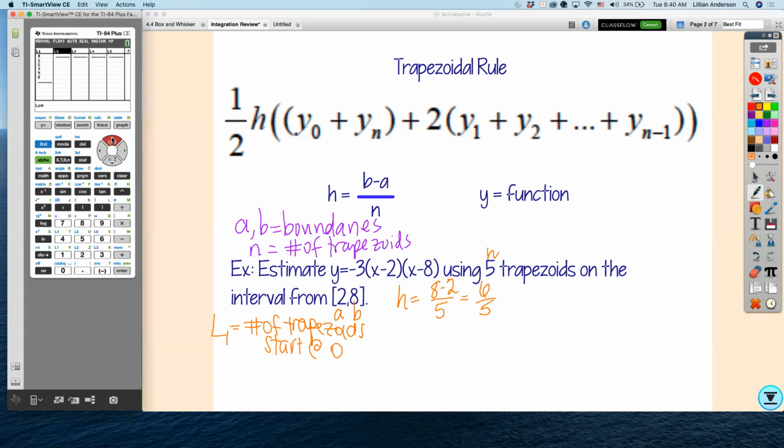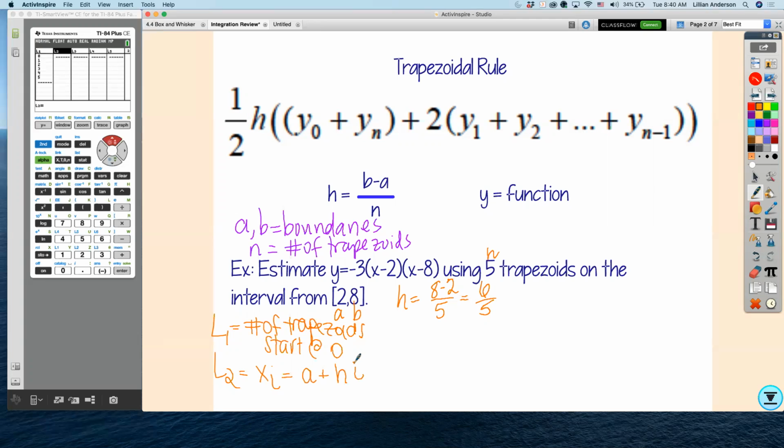Then in L2, we actually went to the title for L2. And in L2, this is where we put X sub I. Now, if you recall, X sub I represented A plus, was it HI? Yeah, it was HI, yep. H times I. Now, I essentially represented what we already have in L1. And so we just had to take our values of L1, multiply them by H, and then add our A. Yes, our actual A from the interval.